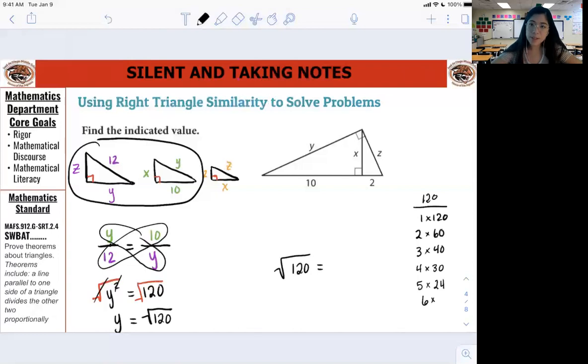6 times 20. 7, 8, 9, any of those? What's the next one? 8 times 15.